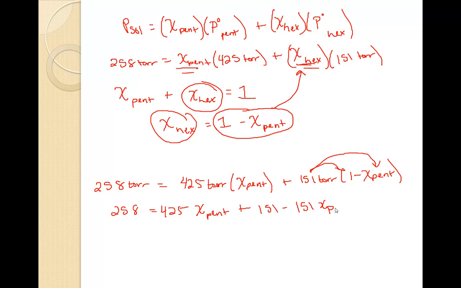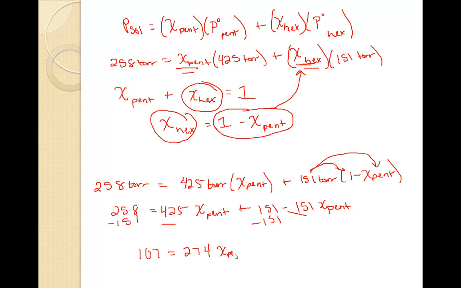Alright, now that we have just one variable, we can start reducing this. So let's subtract 151 from both sides. That comes out to be 107 on the left. And we can combine the negative 151 and 425 to be 274 chi pentane.